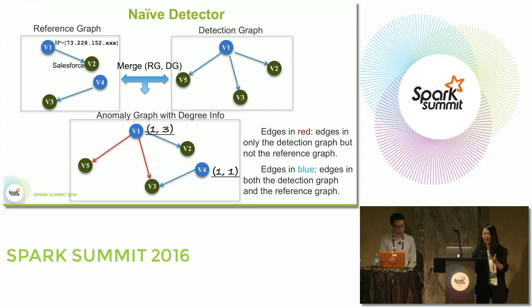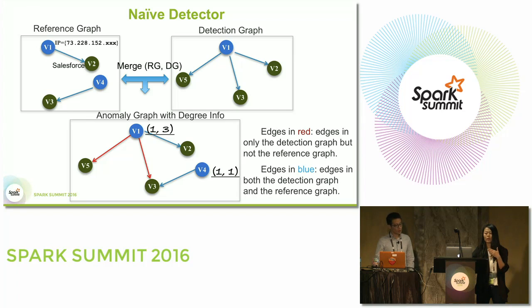And in the detection graph, we're seeing two new edges compared to the reference graph. And those two new edges are of interest. The changes are captured by the degree information in this combined graph between the reference and the detection graph.